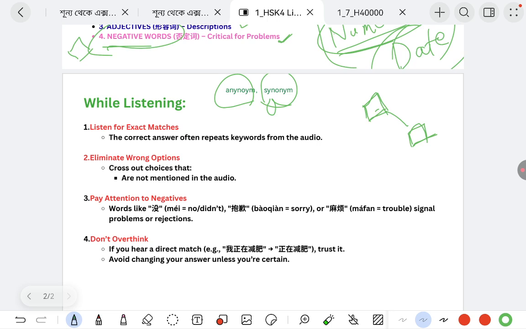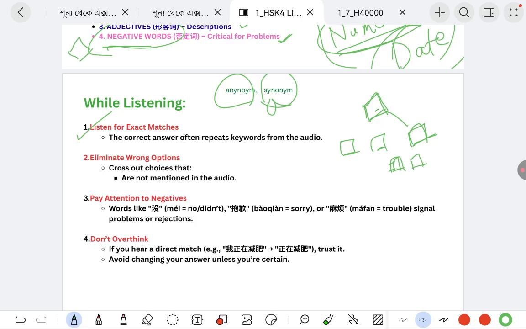And when you listen to the audio, what do you have to do? You have to listen carefully. For example, the options you have to read, you need to focus on them and try to understand the context, because maybe 2, 3, 4, 5% of the time the answer will not be directly mentioned in the audio.